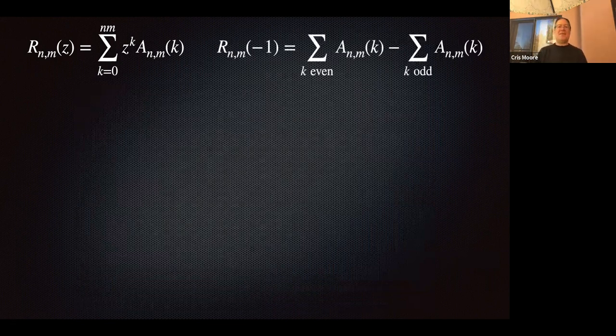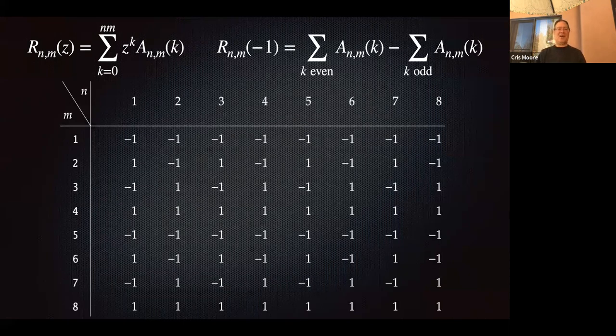Okay, so if you're going to do this experiment, you can play around with this generating function. And one thing that Stephan did was he substituted in -1. Then, of course, this generating function is just the number of configurations with an even number of occupied sites minus the number with an odd number of occupied sites. And he noticed a surprising pattern, which was that these differences were all +1 or -1.